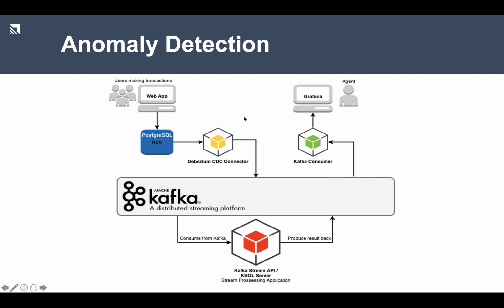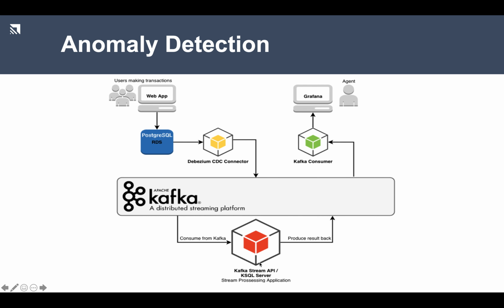I am using the DBZM Kafka connector. DBZM is a fantastic open source tool which listens to change data capture, or transaction logs, on top of the database and pushes the transaction logs to Kafka.